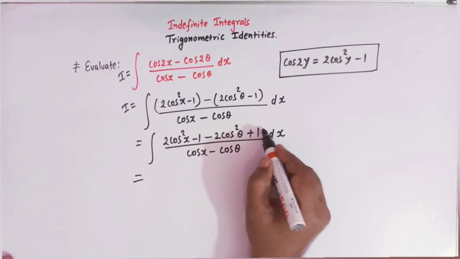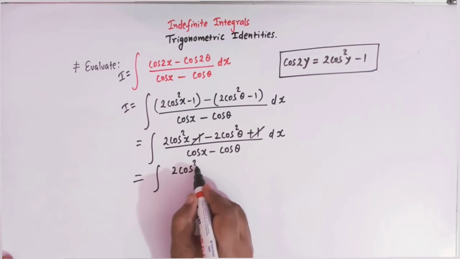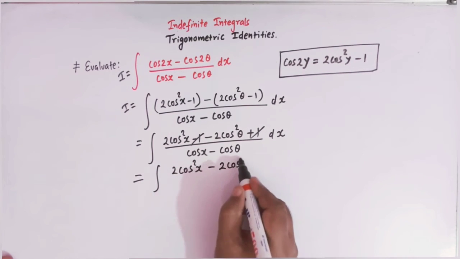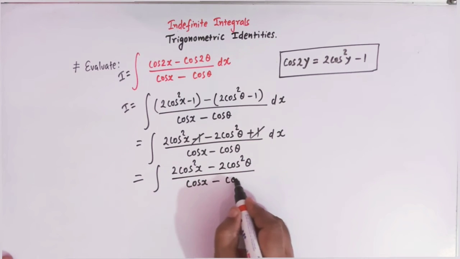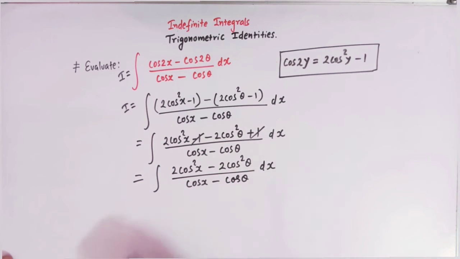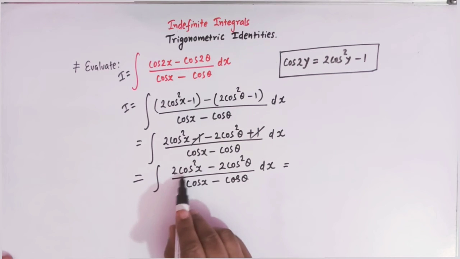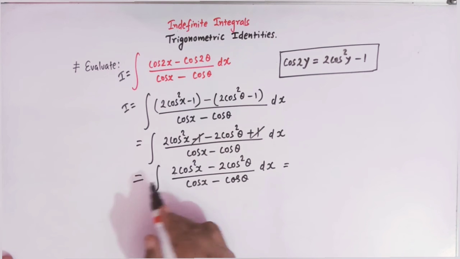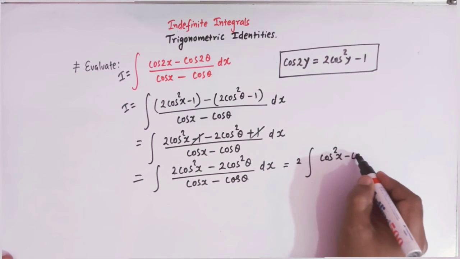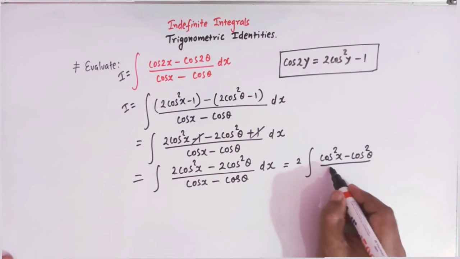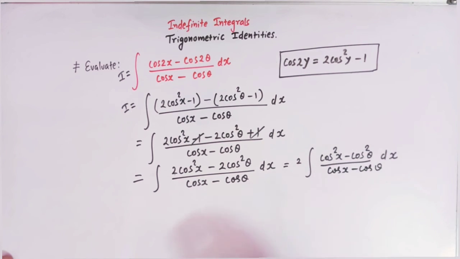So now see, this one and this one get cancelled, and we are left with 2 cos square x minus 2 cos square theta divided by cos of x minus cos of theta dx, right? And now if we take 2 common in the numerator and take 2 outside the integral, we have 2 times cos square x minus cos square theta divided by cos of x minus cos of theta dx, right?